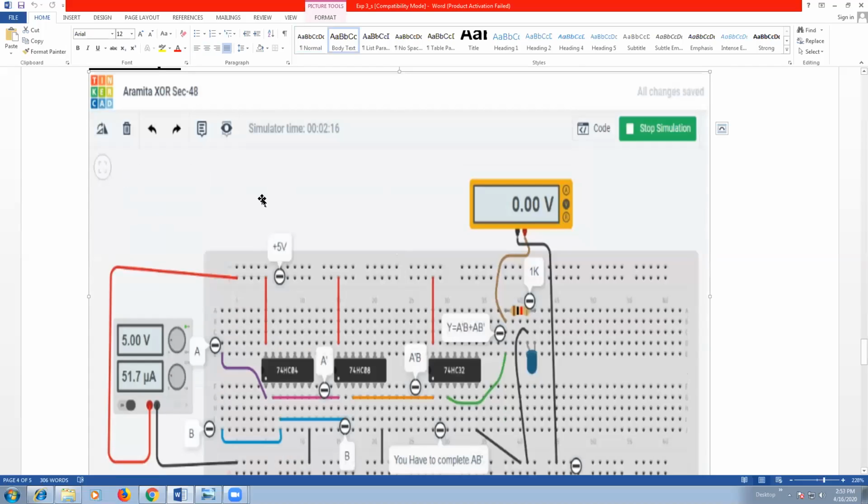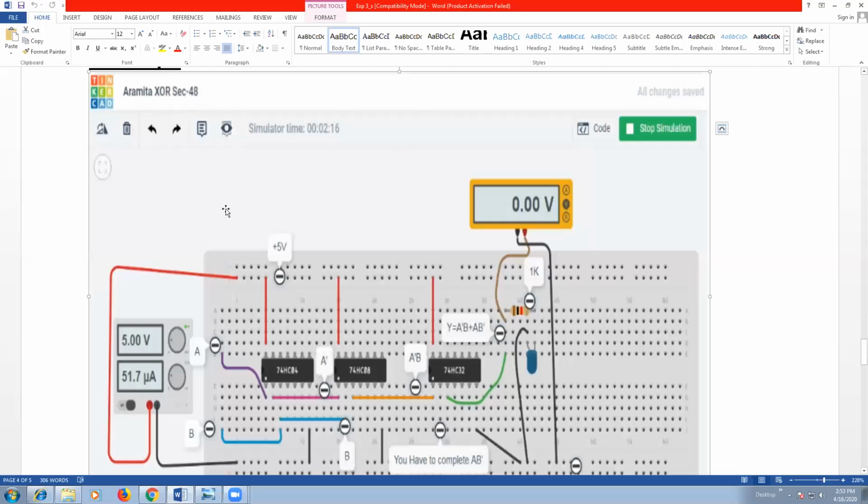And this is a very important thing, you have to mention your name, section and roll number here, at the topmost left corner of the circuit diagram, beside the Tinkercad logo.